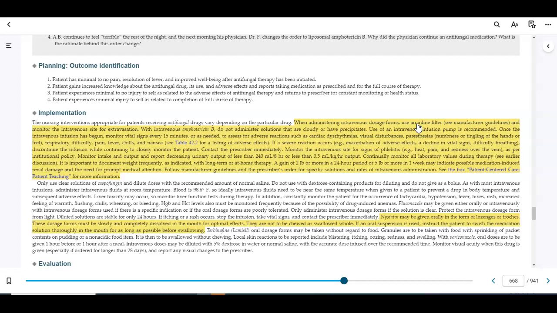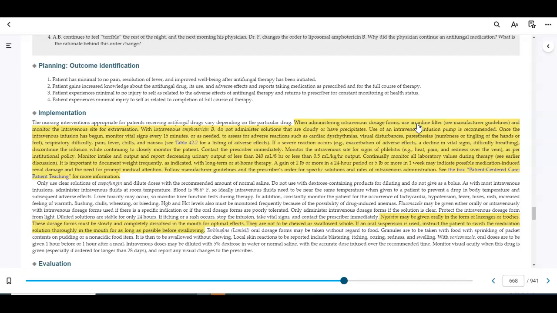And even if we've pre-medicated, when we first start our amphotericin, we're going to monitor their vital signs every 15 minutes, especially paying attention to cardiac dysrhythmias, visual disturbances, any paresthesia that we might note from that individual.